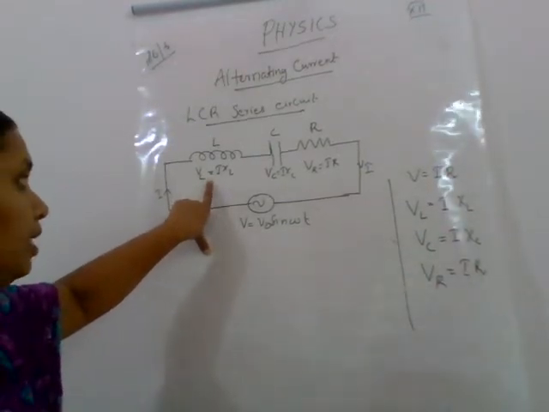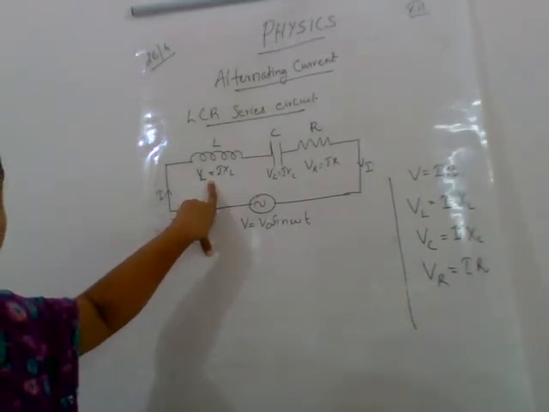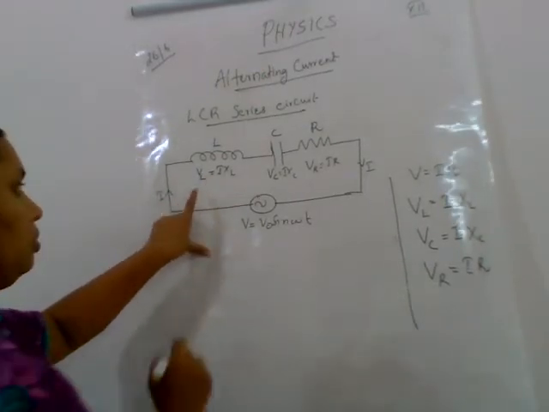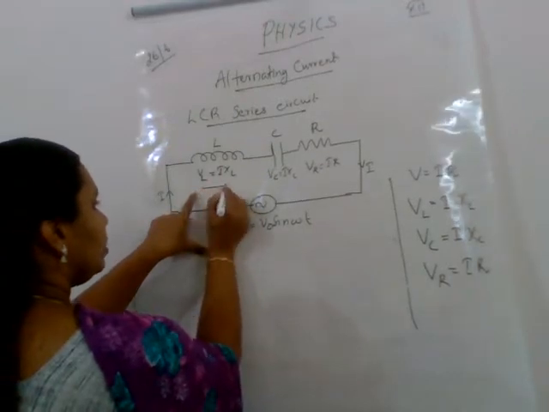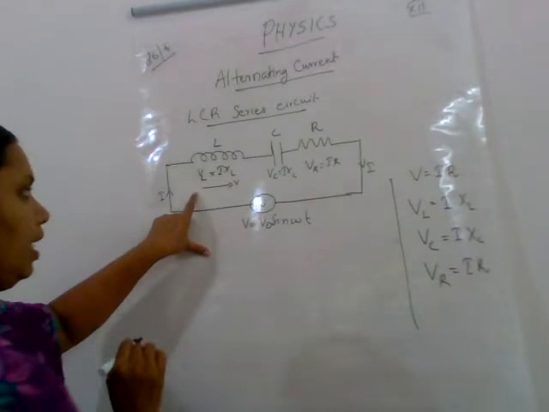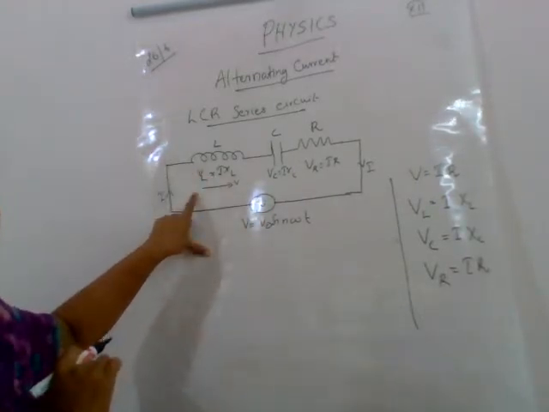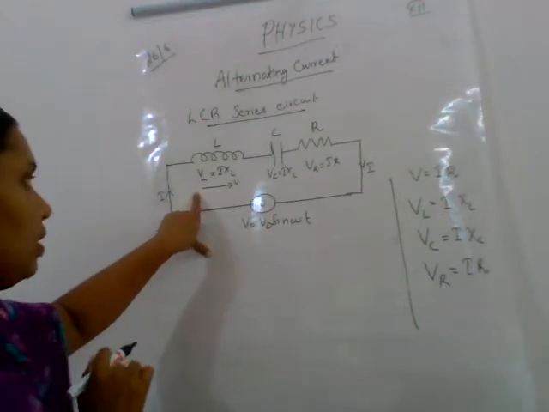In the case of the inductor, we know that voltage leads current by an angle of pi by 2. So I am taking voltage in this direction, the applied voltage V, and we consider this a phasor rotating in the anti-clockwise direction.